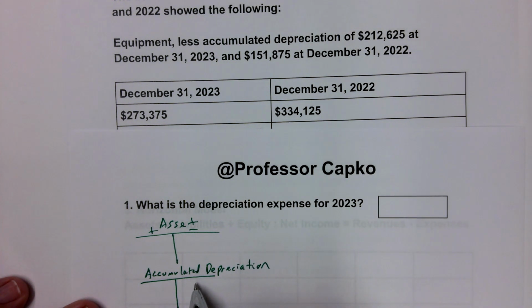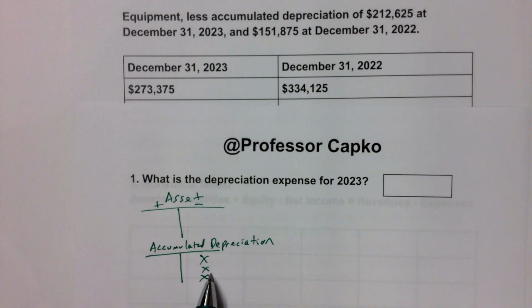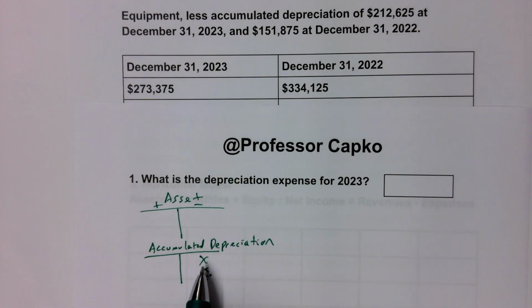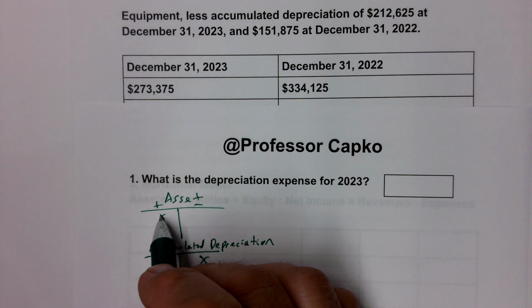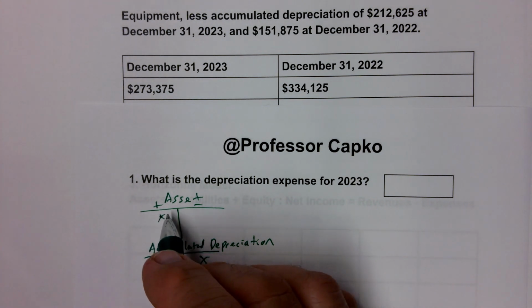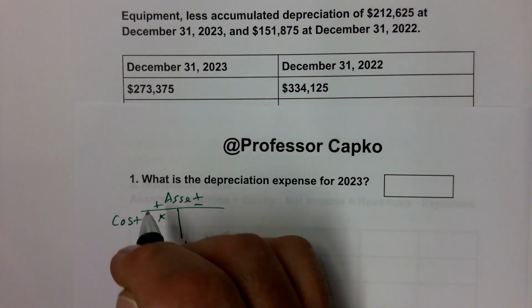And that one, we're going to keep adding depreciation to. We're going to keep crediting it as each year proceeds, and we're going to be expensing that amount, and that's going to reduce the amount of our assets. So we've got an asset over here that has a value, and this is going to be the original cost of the equipment.